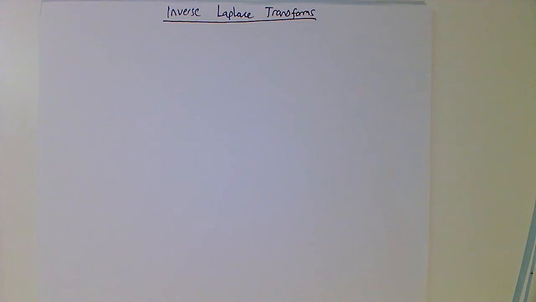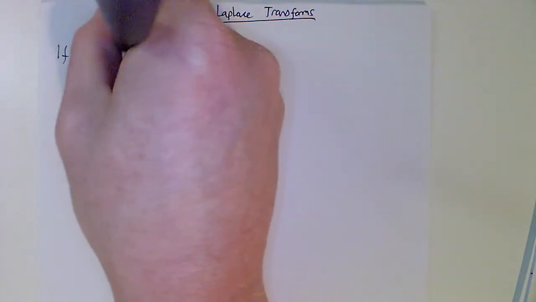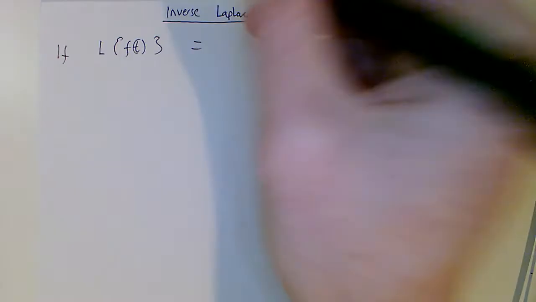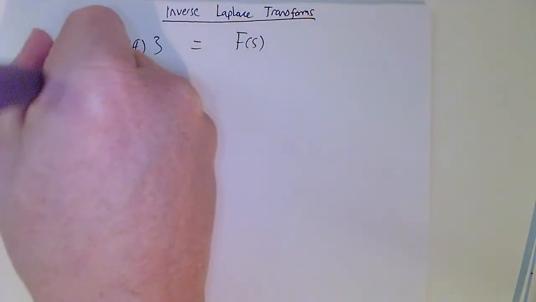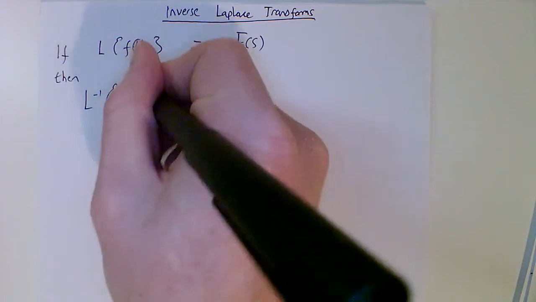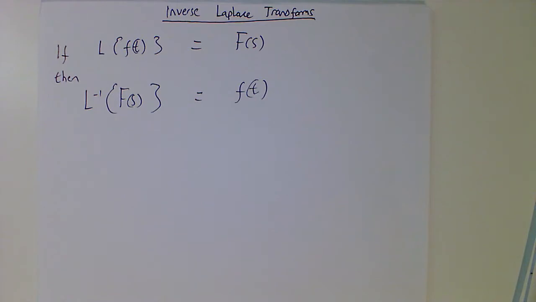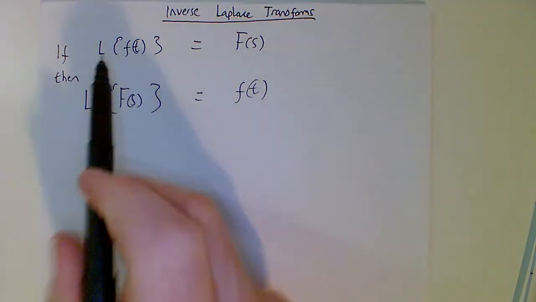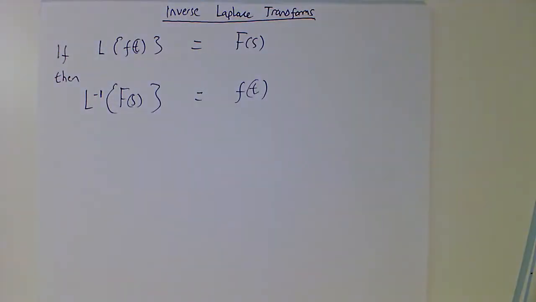Inverse, as we know in maths, just means the opposite. So if the Laplace transform of f of t is something called capital F of s, and I take the inverse Laplace transform of capital F of s, I end up with f of t back. So that's the normal Laplace transform, and that's the inverse Laplace transform. Don't get the two mixed up.